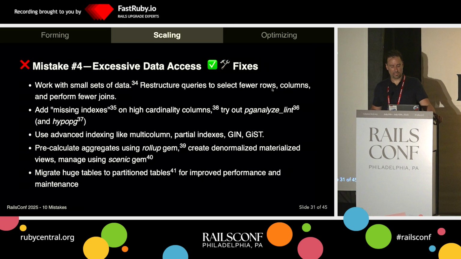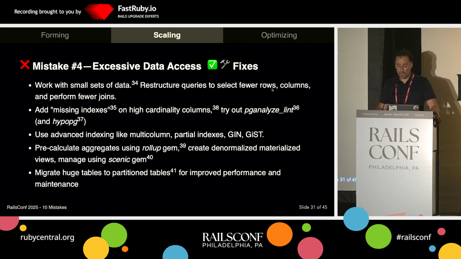It uses this extension called HypoPG, for hypothetical indexes, basically, to try out different index opportunities and see what would result in a reduced latency. And then we want to try to use advanced index strategies like multi-column indexes, or in Postgres partial indexes, and then other index types besides B-tree like GIN and GiST.